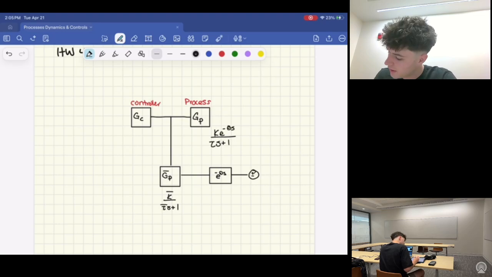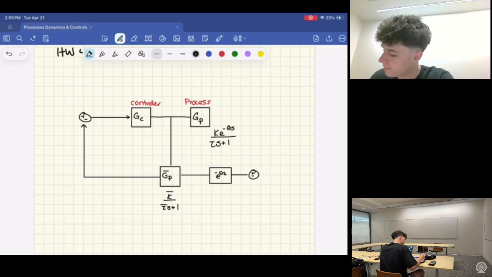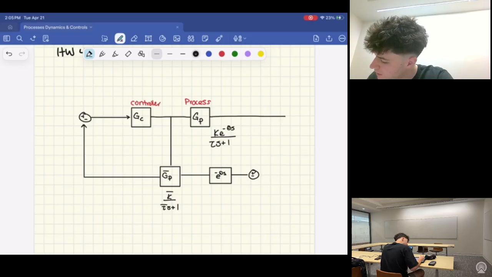And then from here, this is going to have another output going straight up, and it is going to go into the same type of plus minus, and then this will be recycled back into the controller. And again, we are solving for y here.